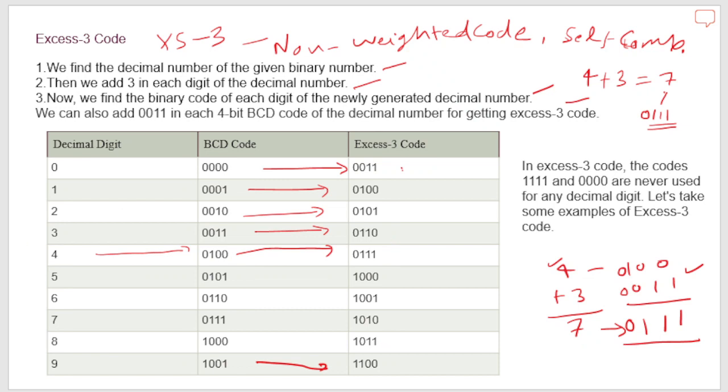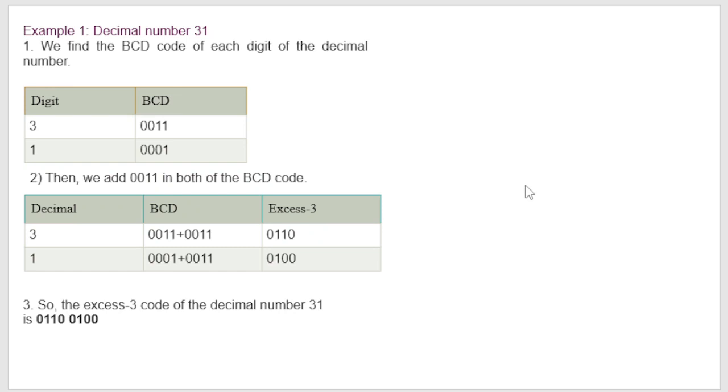Hope you got it. Next, we take the example of the decimal number 31. For 3 the BCD is 0011, for 1 it is 0001. For converting into excess-3, to this 3 we add another 3, so it is now 6, which is 0110.